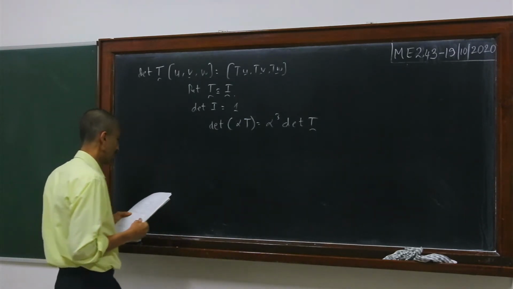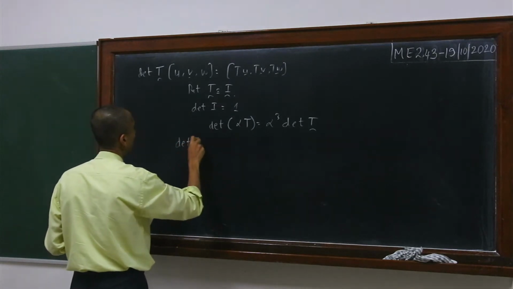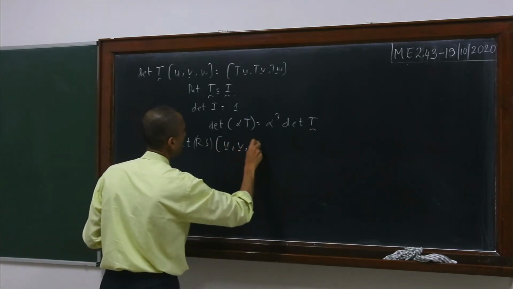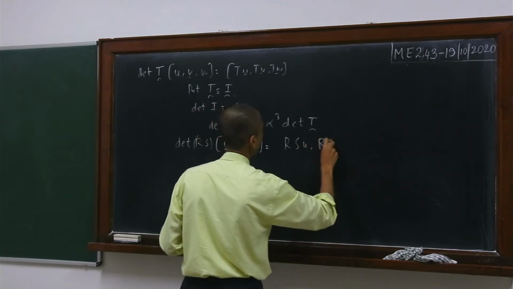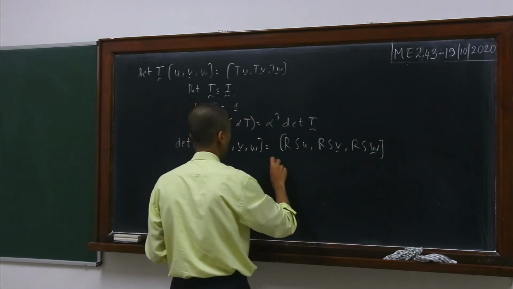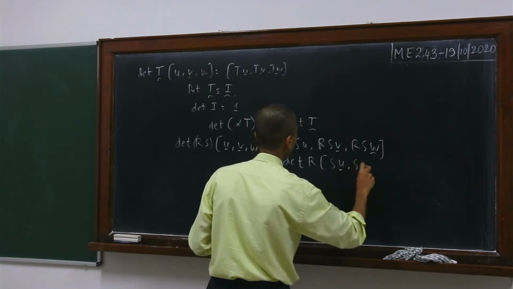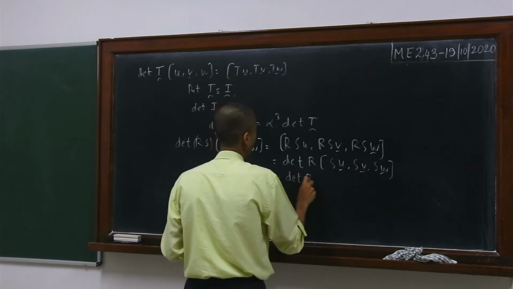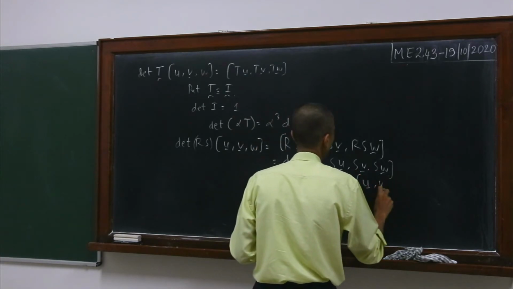Then again using this particular relation, we will get that the determinant of RS times [U, V, W] is equal to [RSU, RSV, RSW], and that you can write as the determinant of R times [SU, SV, SW], and this you can write as the determinant of R times the determinant of S times [U, V, W].